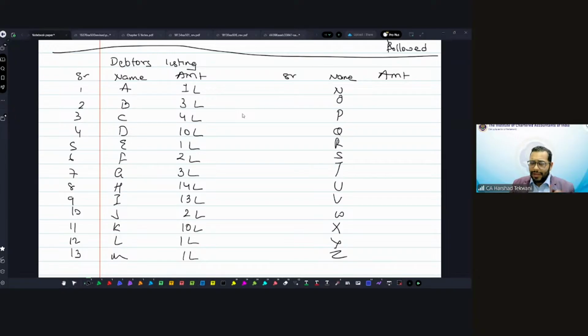I'm just putting random amounts. 20 lakh, 10 lakh, 1 lakh, 3 lakh, 14 lakh, 10 lakh, 1 lakh, 2 lakh, 3 lakh, 1 lakh, 1 lakh, 2 lakh, and 2 lakh. This is the data listing you have.